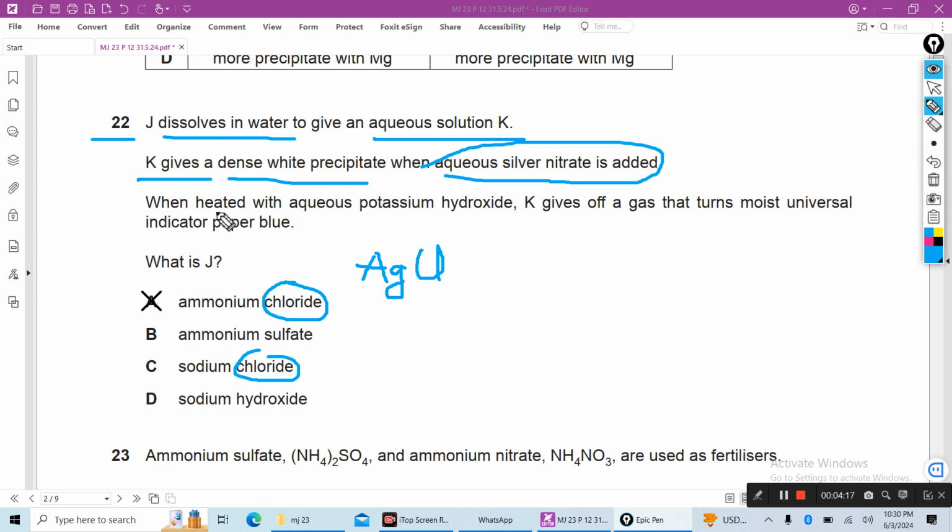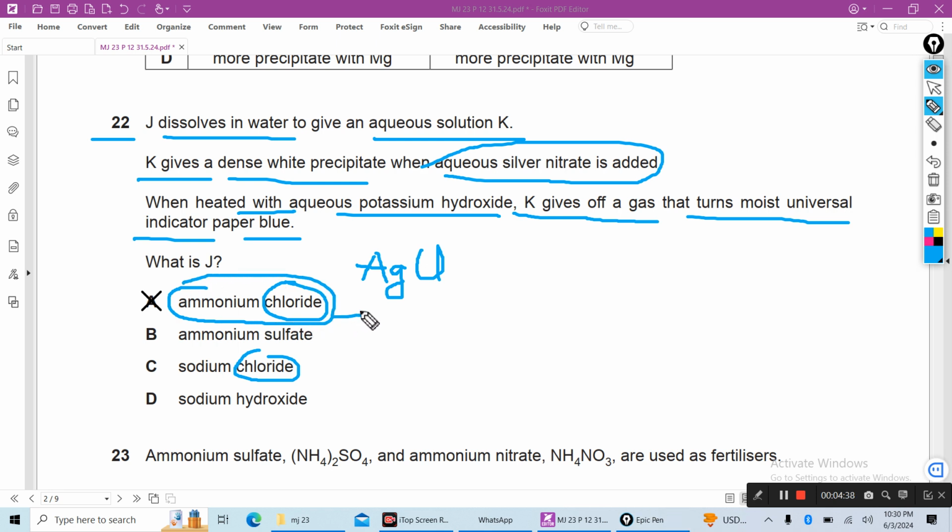Then second part, when heated with aqueous potassium hydroxide alkali, K gives off a gas that turns moist universal indicator paper blue. So ammonium compound, if you add potassium hydroxide alkali, ammonia gas, an alkaline gas, will be produced.